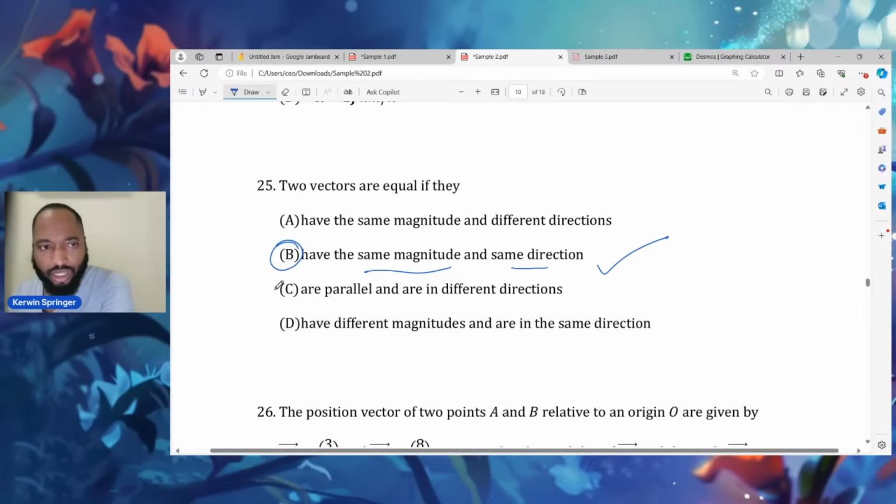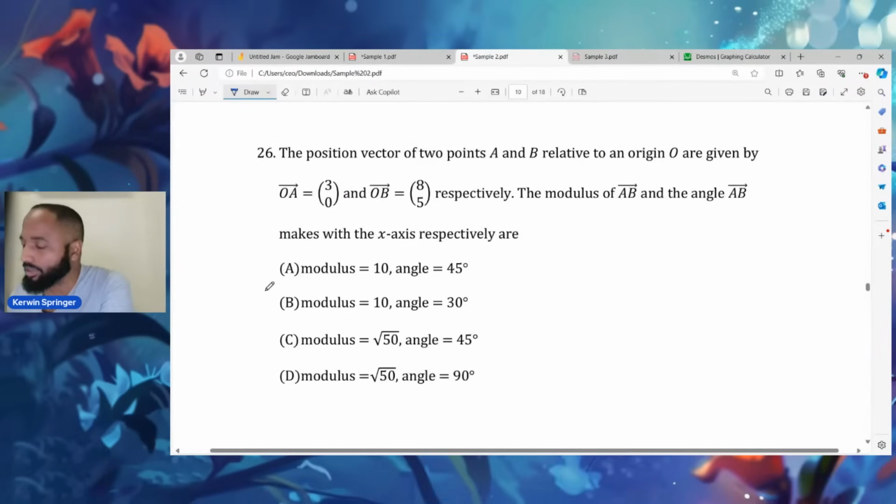Nice, nice. Are there any errors in the paper? The position vectors of 2 points A and B relative to origin O are given. Some people keep saying I had an error in the question. I'll find the answer to this. Let me just check up on something here.